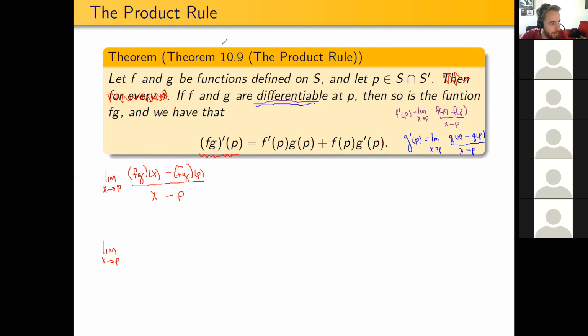Rewriting explicitly what this means, f times g of x is really f of x times g of x. Then we've also got a minus fg of p, so that's minus f of p times g of p. And all of that is over the expression x minus p.